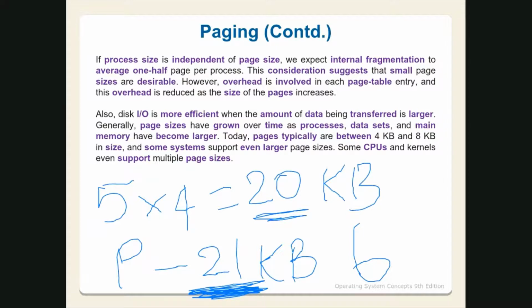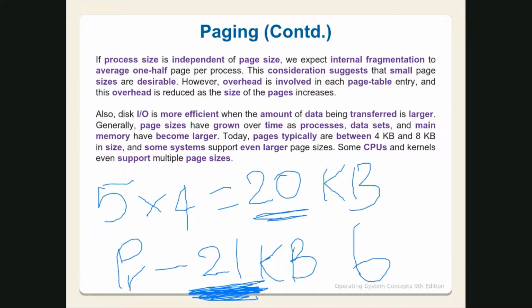Do you get the idea of what I am trying to say here? Your process size is 21 KB, and assume you have pages of 4 KB. You assign 5 pages, they will be full, but you still have 1 KB of data to be assigned to a page, so the 6th page will get 1 KB of data.